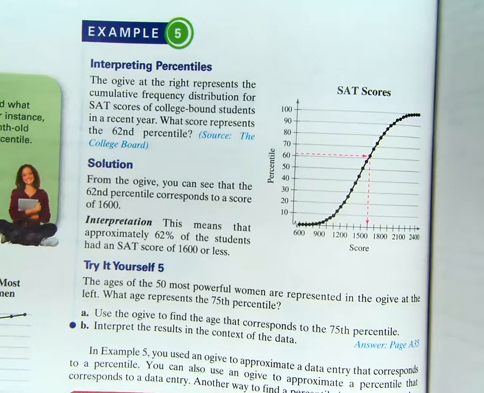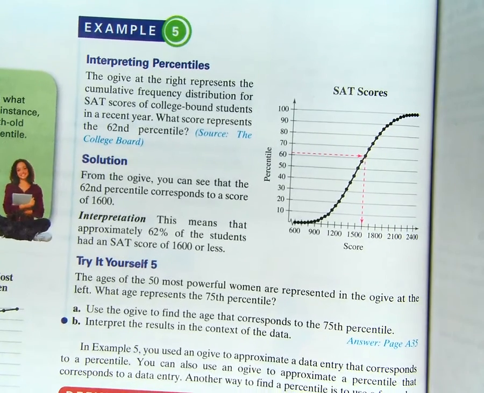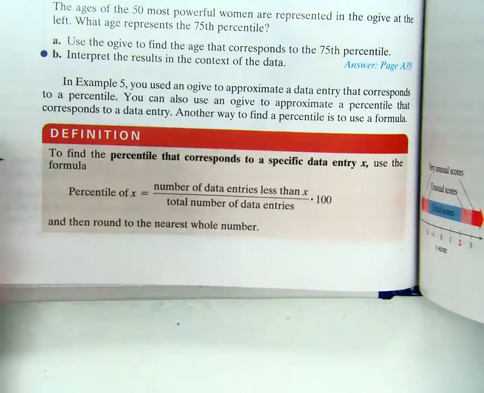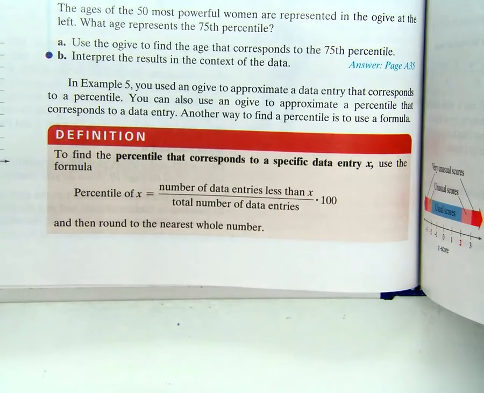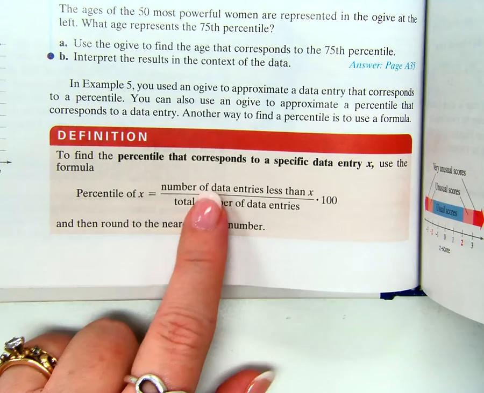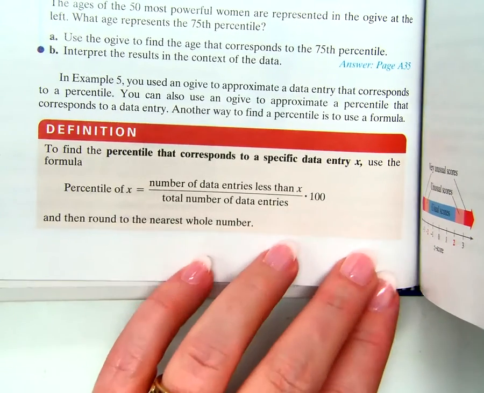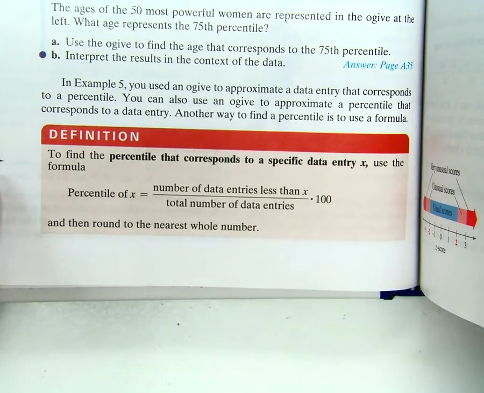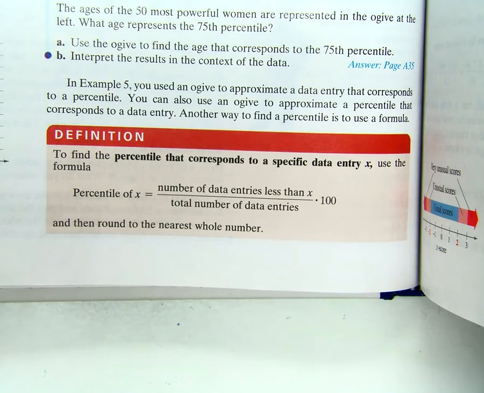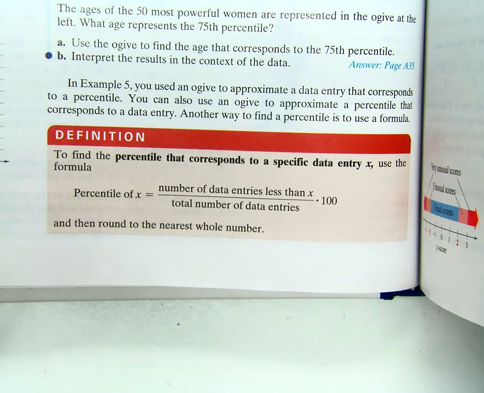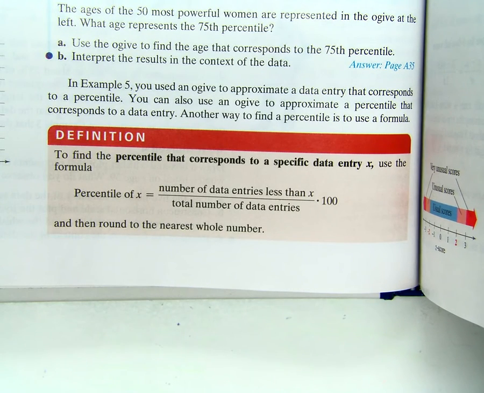The percentile that corresponds to a specific data entry, oh, you can't see that, sorry. A percentile that corresponds to a specific data entry gives you another formula, okay? I know that this week we're almost formulaed out with all the formulas that we learned last week and the week before that, but we're going to be okay, right? If we're not, I got tissues on my desk if there's crying happening.